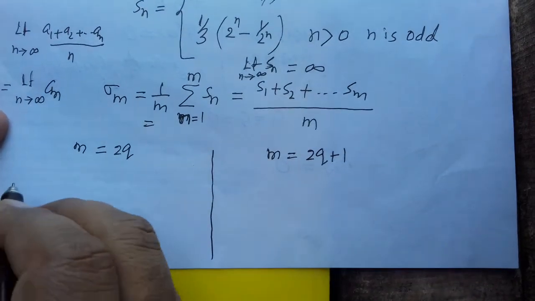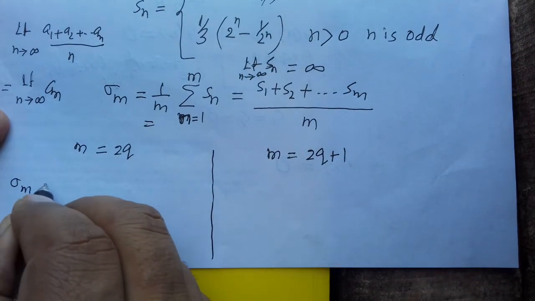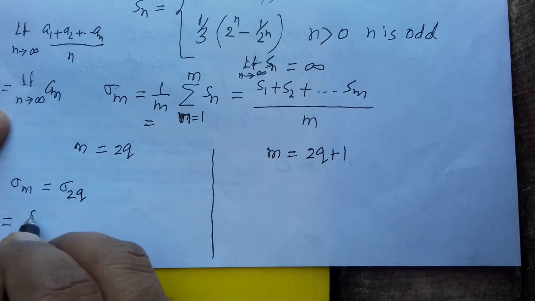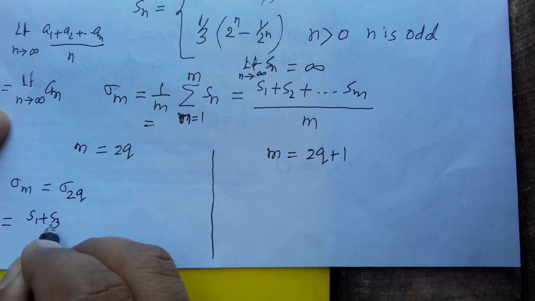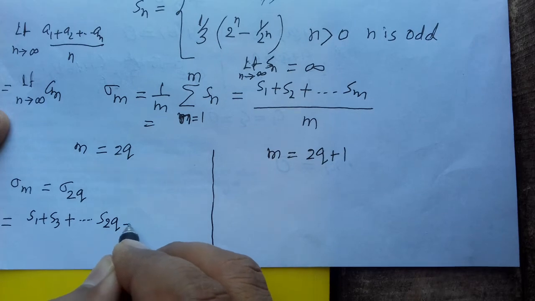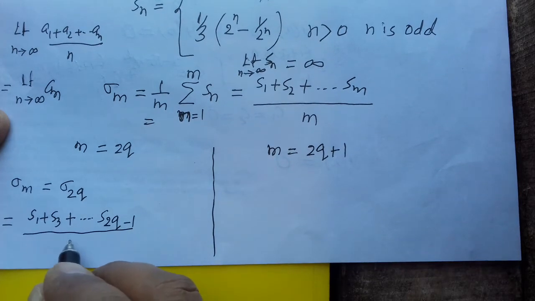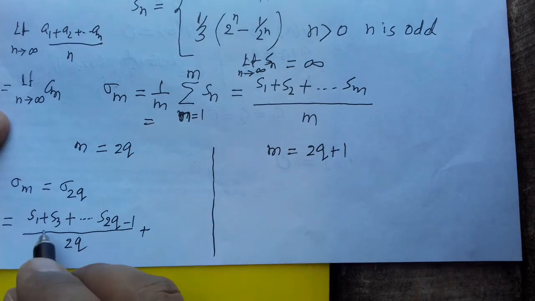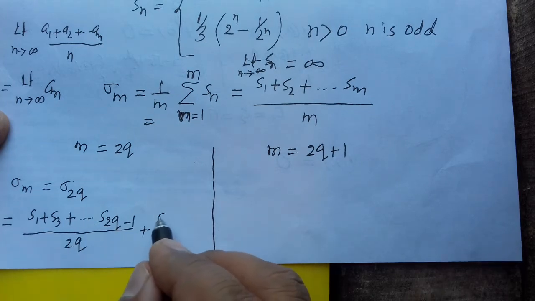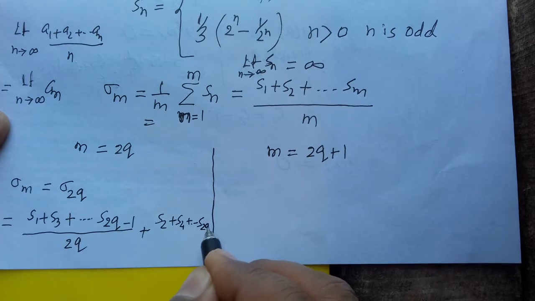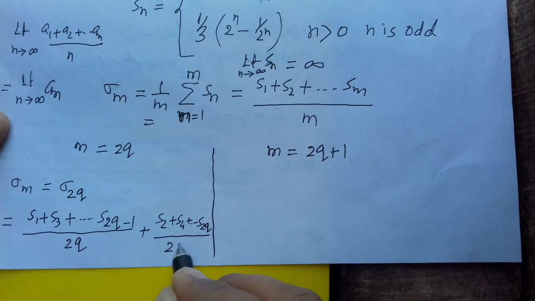So in this case rho m equals rho 2q, and this will be (s1 plus s3 plus ... plus s(2q minus 1)) by the number of terms 2q, and plus, I have separated odd ones and here the even ones, (s2 plus s4 plus ... plus s2q) by 2q.